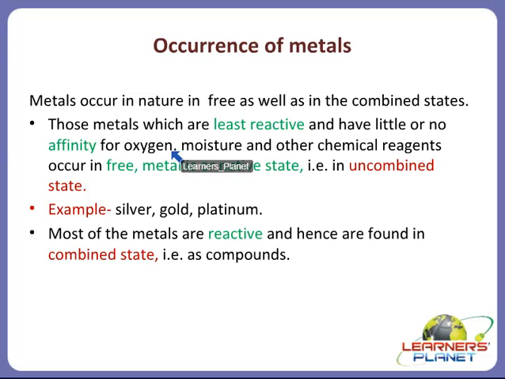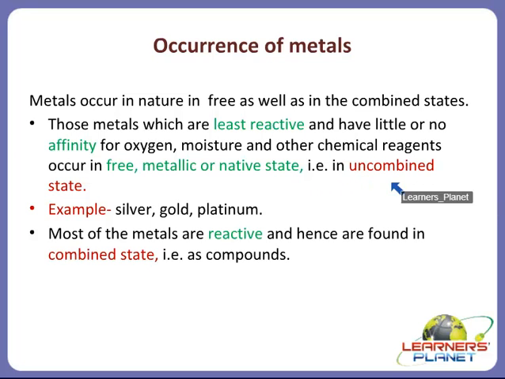Now they have very little affinity for oxygen or moisture or other chemical reagents. So how can they exist in nature? They can occur in free, metallic or native state. Clear, children? That is in uncombined state.